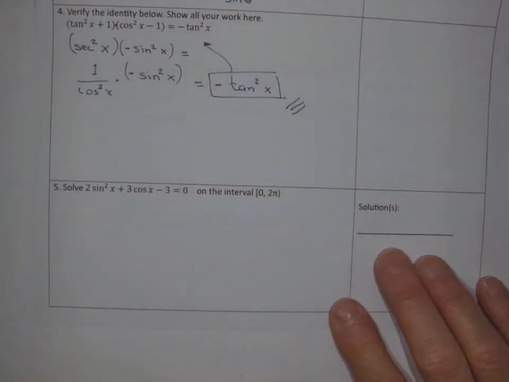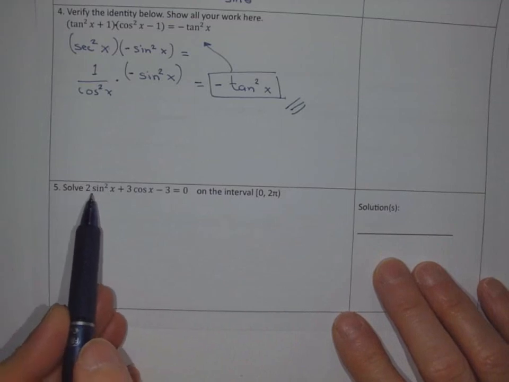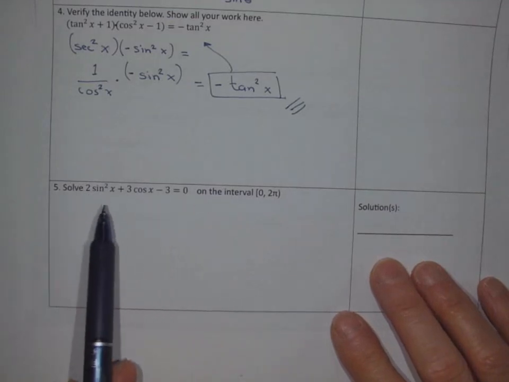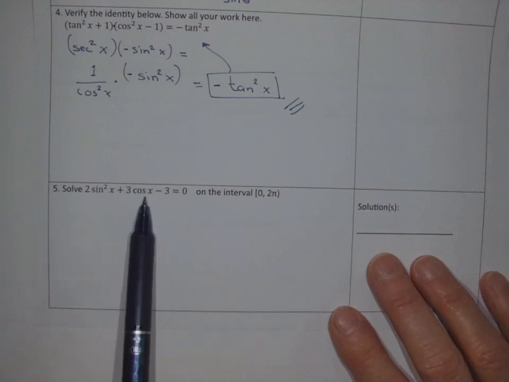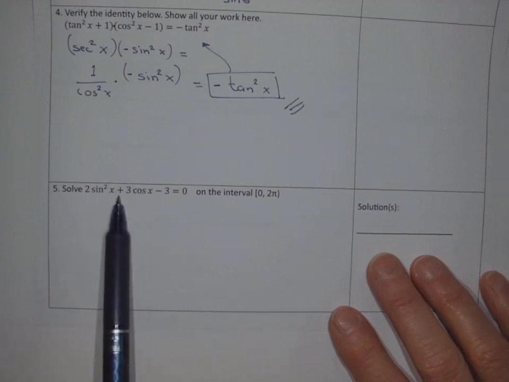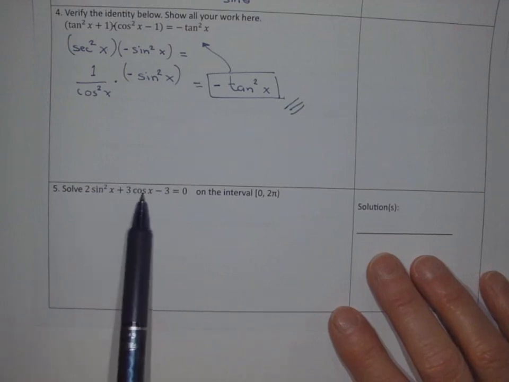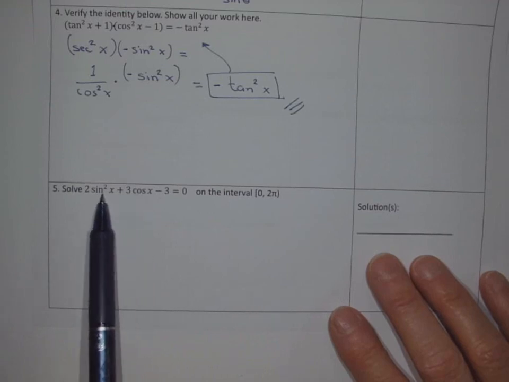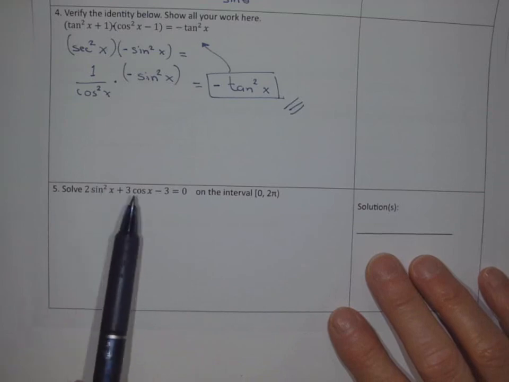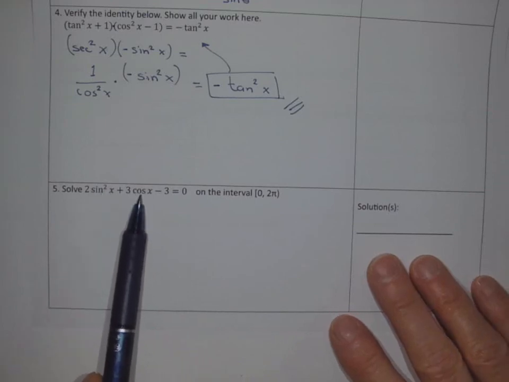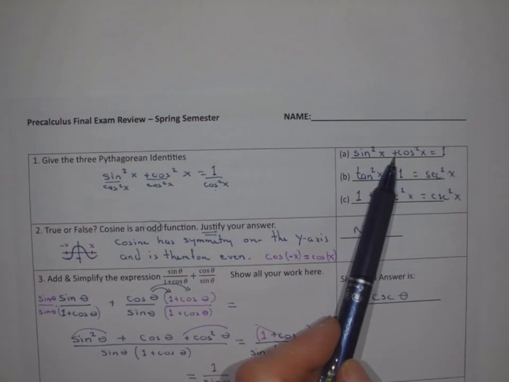Number 5. We need to solve this equation. So the first thing we need to notice is that we have a sine and we have a cosine, and we can't solve equations, or we can't factor like that with two different trig functions, so we're going to rewrite one of them as the other. We cannot do anything with the cosine because it's not a value squared, but we have a sine squared, so we can use our Pythagorean identity.